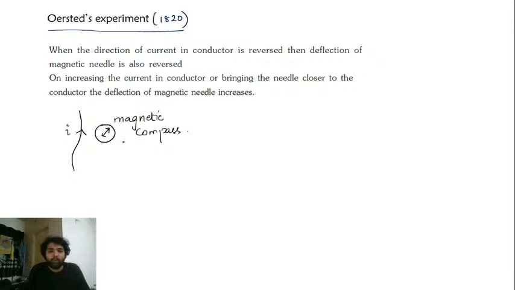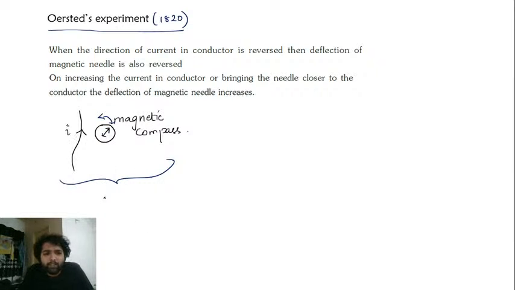When current flows like this, he observed the deflection in the magnetic compass. It started deflecting left and right. This is what made him realize that current carrying conductors have a magnetic effect. Current carrying wires produce a magnetic effect. Understood? This is the one very important thing he observed, by accident.